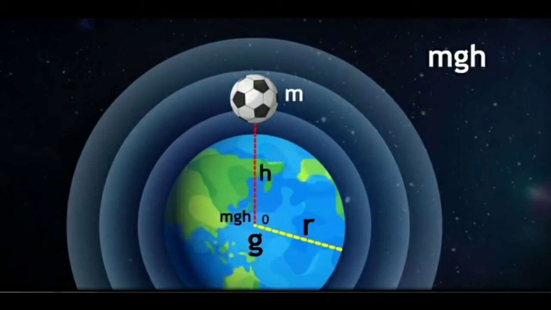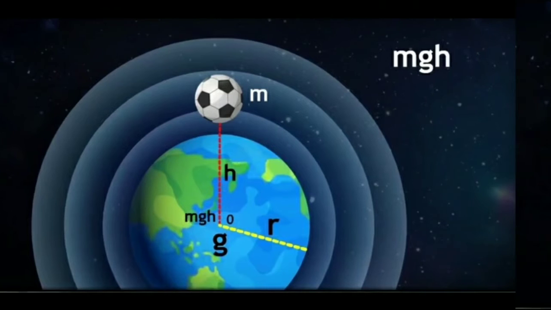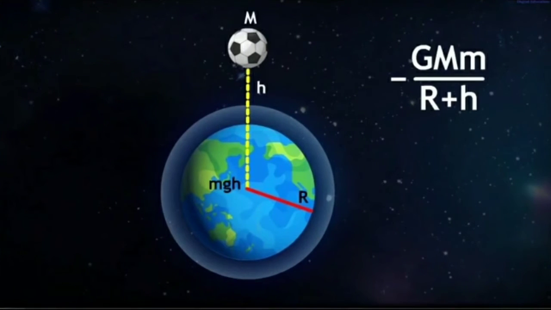So when h is small, that is height, compared to the radius of the earth, that is r, we can assume that g, that is gravity, is constant, and we can use the formula mgh. So potential energy on the surface of the earth is 0. But children, for large values of height h, the value of g decreases with the increase in height.